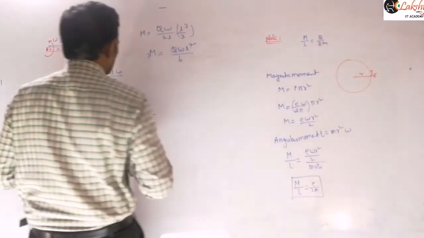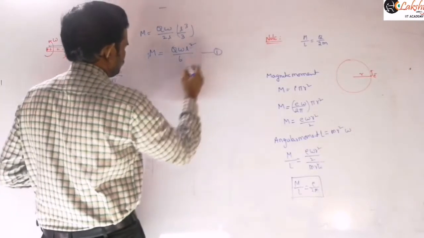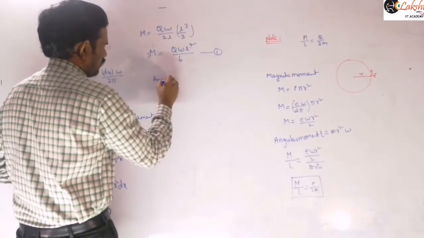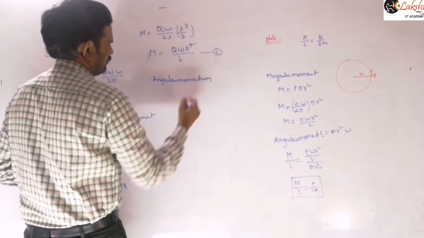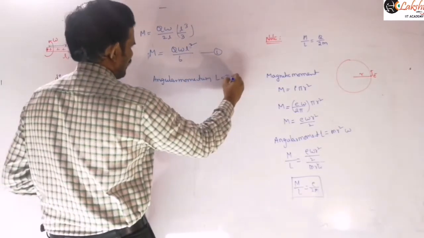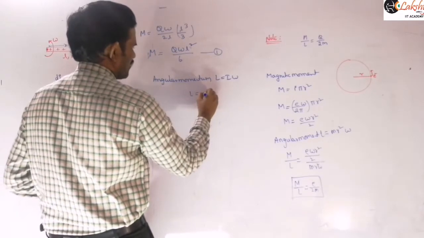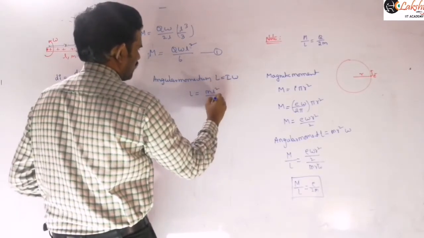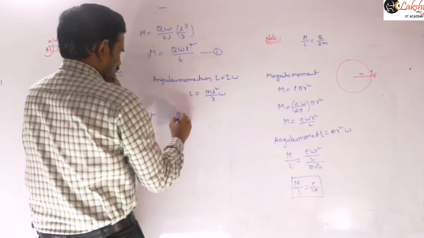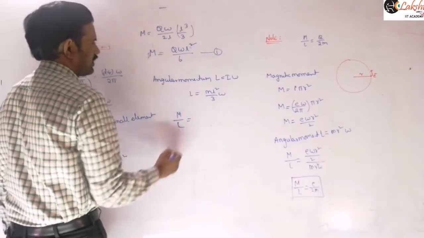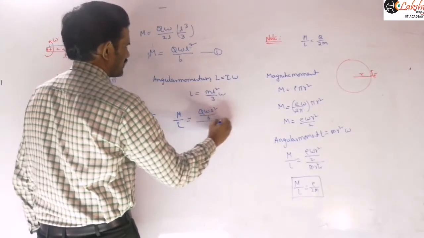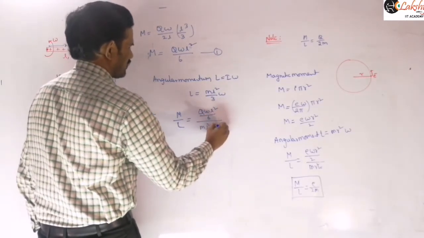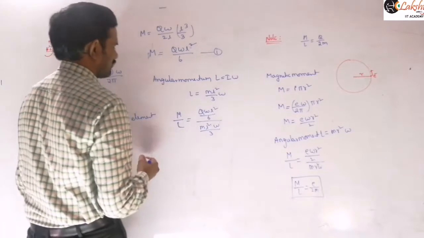Let us see that ratio here, we are proving that ratio now. Therefore the angular momentum L is equal to I omega, therefore L is equal to ml square by 3 into omega, and therefore write this ratio M by L. So q omega L square by 6 by ml square omega by 3.